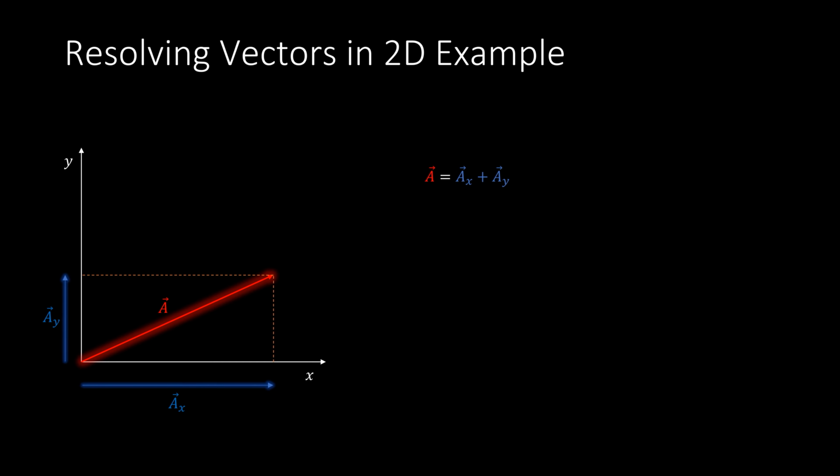We can see that these two projection vectors add to vector A. Now let's introduce unit vectors. We can see that 4 x hat unit vectors add to vector A_x, and 2 y hat unit vectors add to vector A_y.